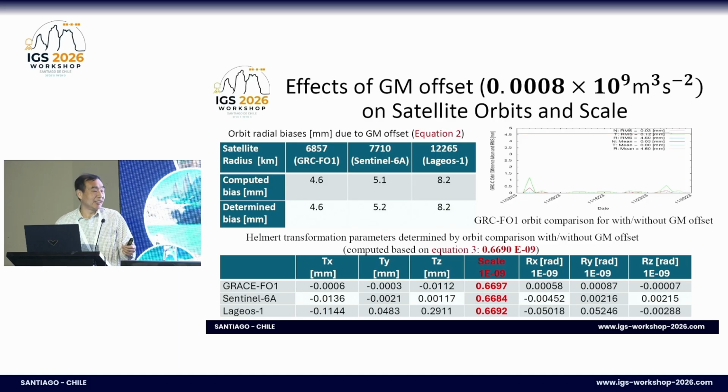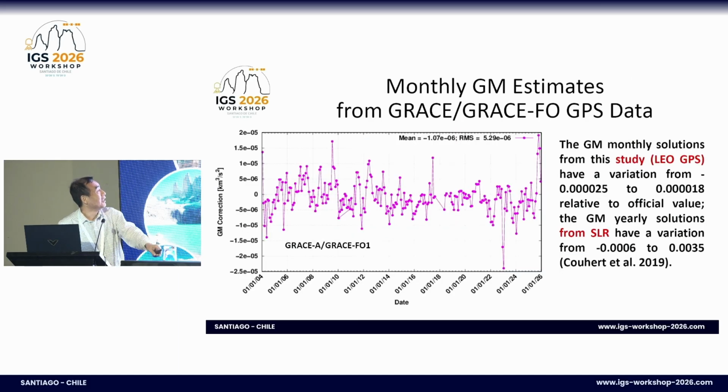Okay, I have to quit. So this figure shows you the time series for more than 20 years, and we just use 1 month of data. This is the monthly solution, and I just show you the correction.